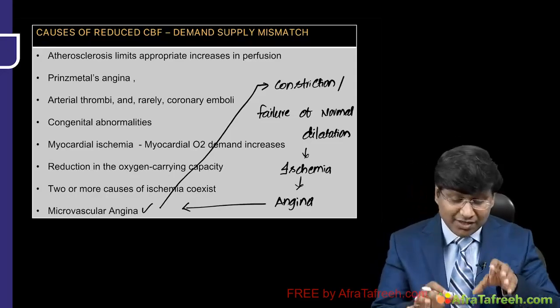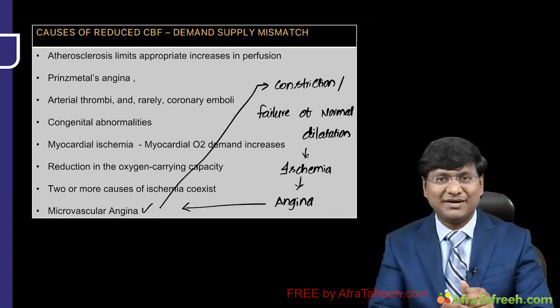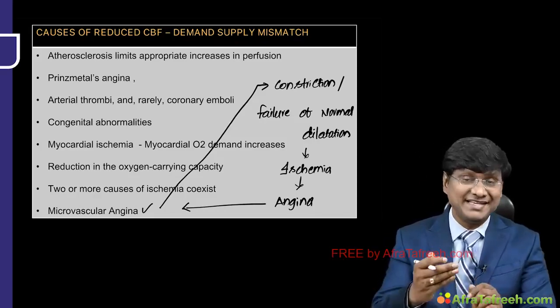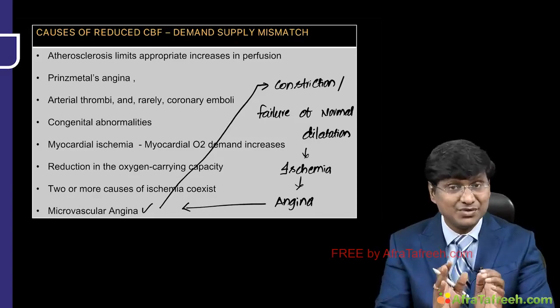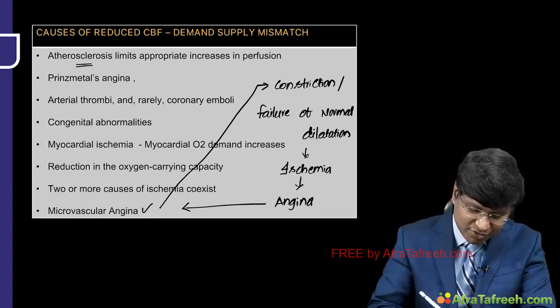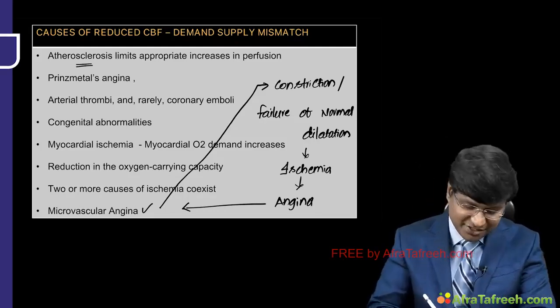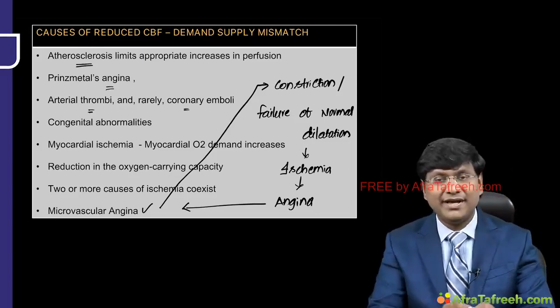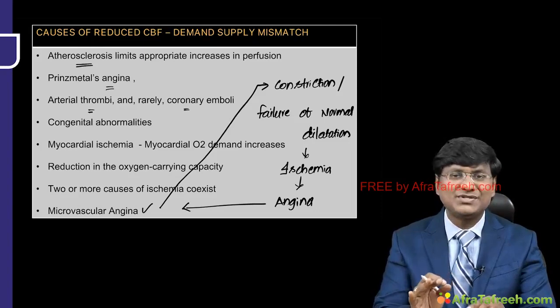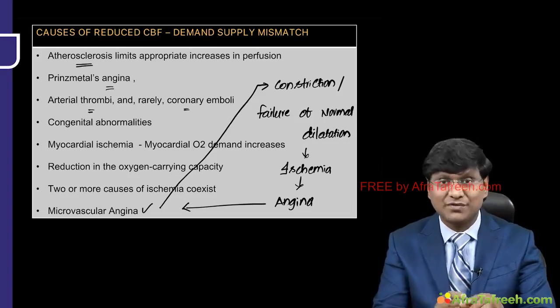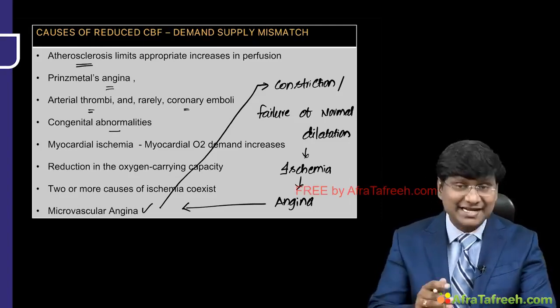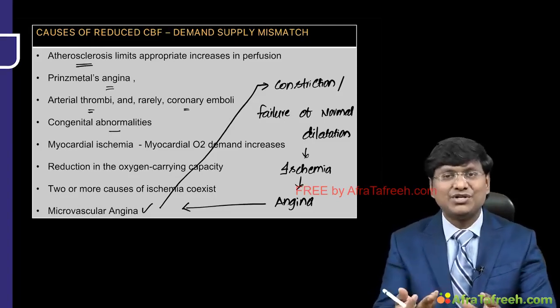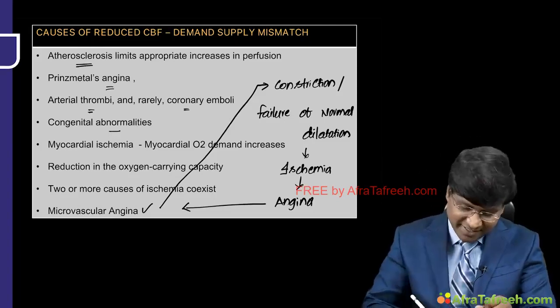So, these are all the causes of reduced coronary blood flow, or the conditions where there is increased demand and reduced supply. To summarize, the most common cause will be atherosclerosis. Next, Prinzmetal angina, arterial emboli, rarely coronary emboli, or even aortitis of the branching vessels in case of inflammatory pathologies. Congenital abnormalities like the origin of the left anterior descending artery from the pulmonary artery.